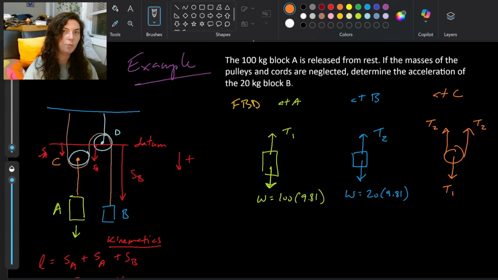And so I have brown rope and orange rope that connect into pulley C, giving me a free body diagram that looks like this.